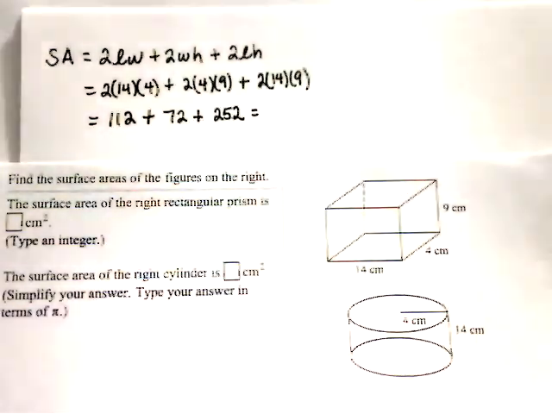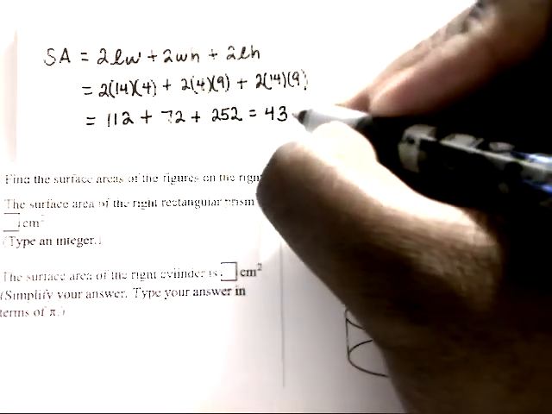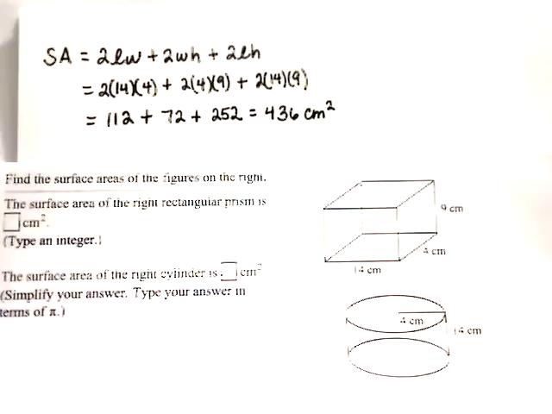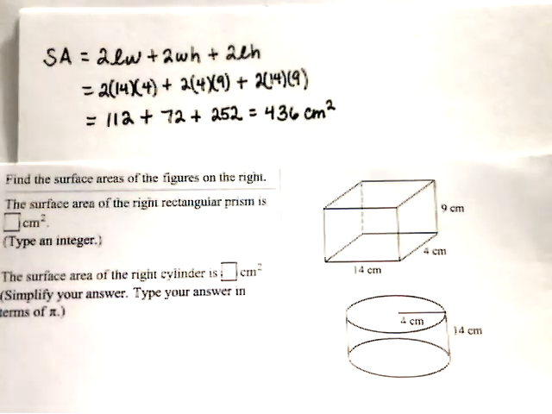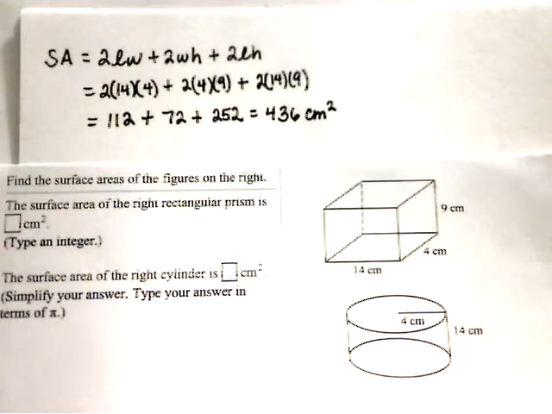If we add 112 plus 72 plus 252, you're going to get 436. So the surface area is 436 square centimeters. That's going to be the surface area for this right rectangular prism.